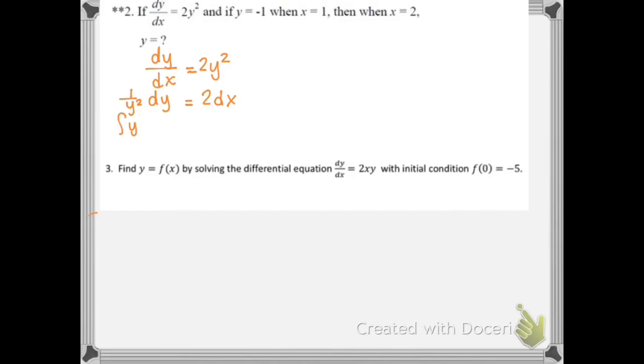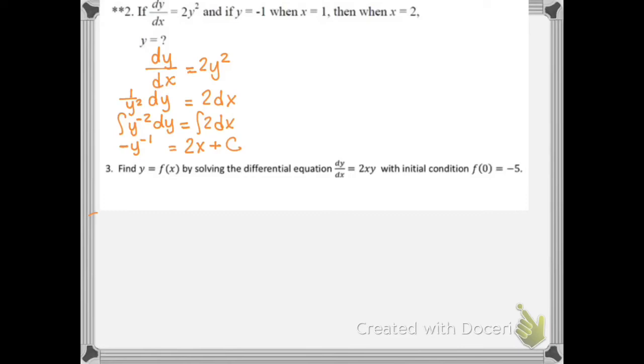So if I integrate y to the -2 dy, that's going to give me y to the -1 divided by -1. Well, if I'm dividing by -1, I can just bring that to the front. So let's integrate the 2 dx. The integral of 2 dx is 2x, and then we're going to do our plus c on the right only.